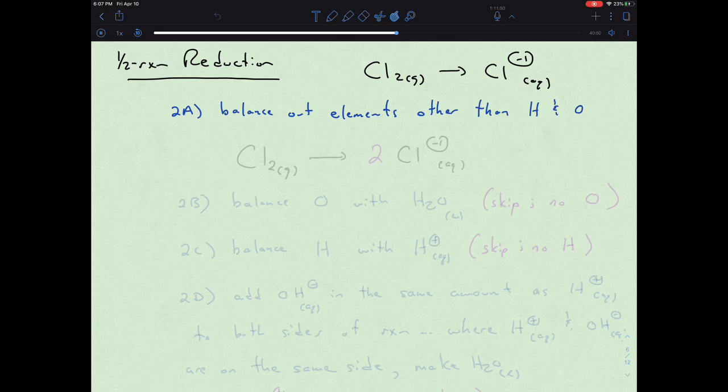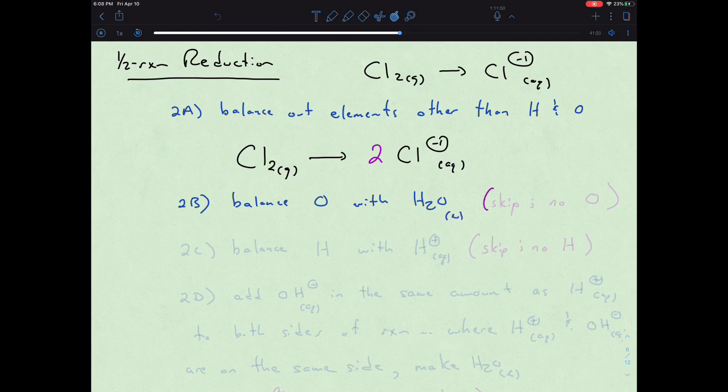So that means we would have our chlorine gas producing 2 chlorides that are aqueous. 2B, we balance oxygen with H2O.